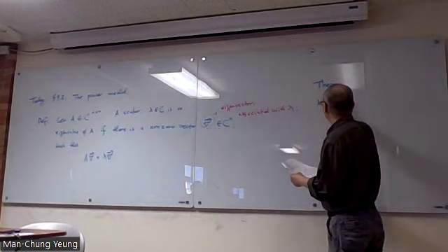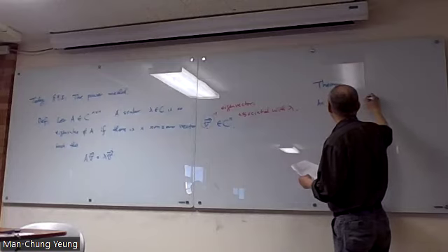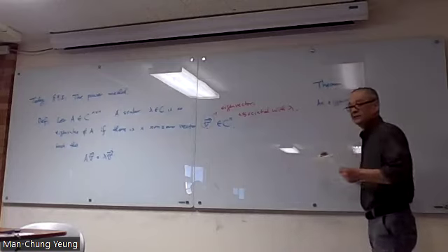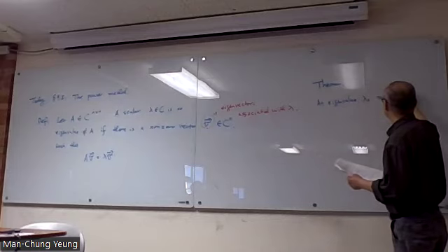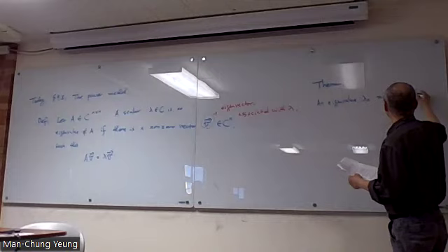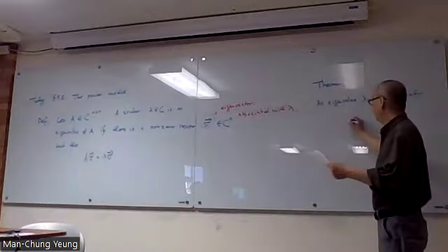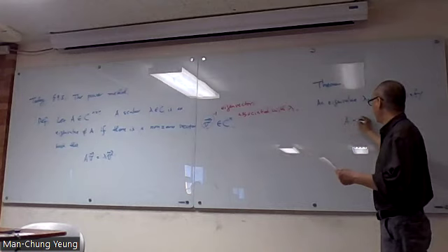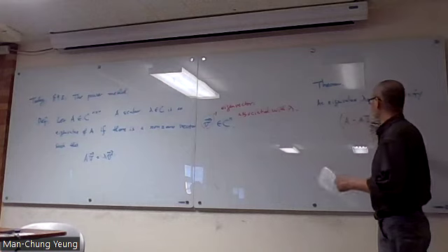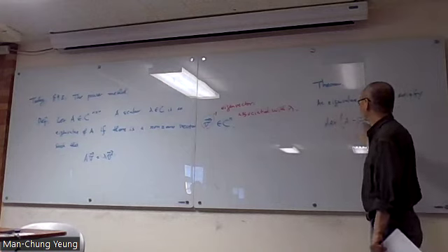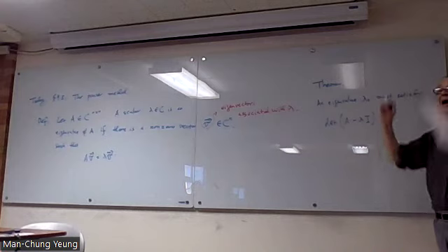An eigenvalue, say lambda 0, must satisfy this equation: the determinant of matrix A minus lambda I equals 0. Any eigenvalue must satisfy this equation.